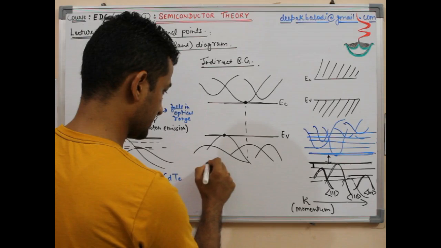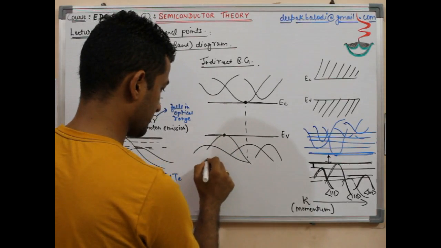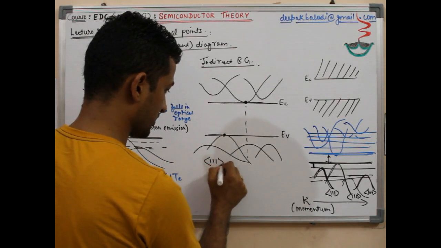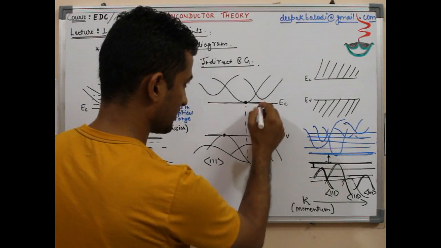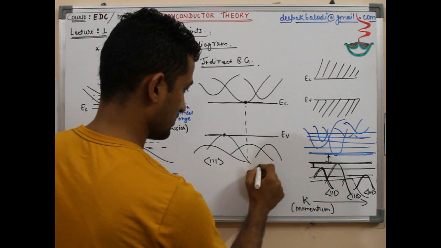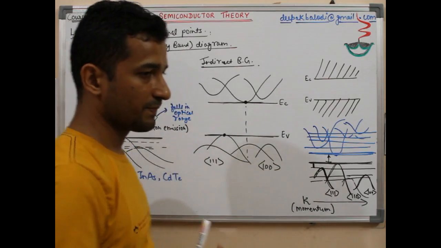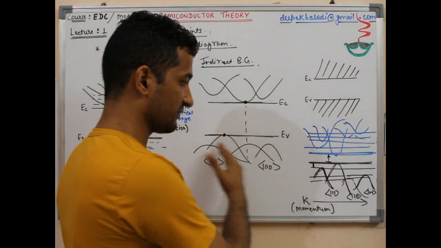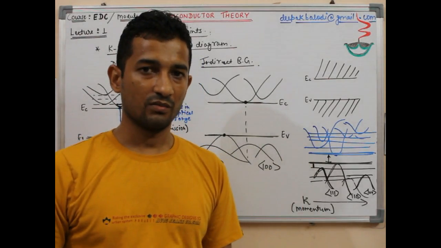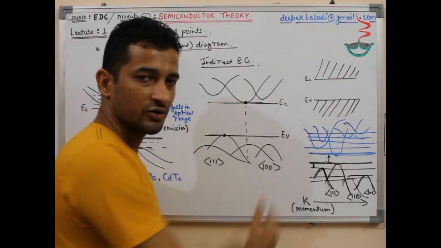And let's say this side we indicate some 1 orientation, or this side is the 1 0 0 orientation. So similarly, depending on the wafer orientations, we have different momentum vectors defined onto the horizontal scale.